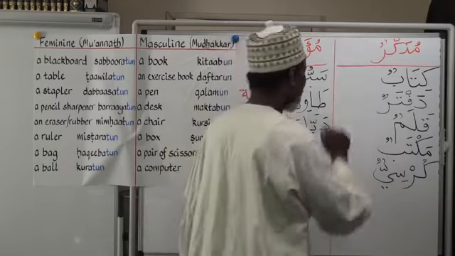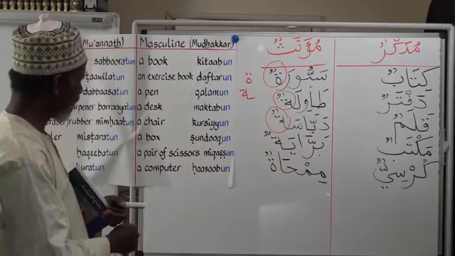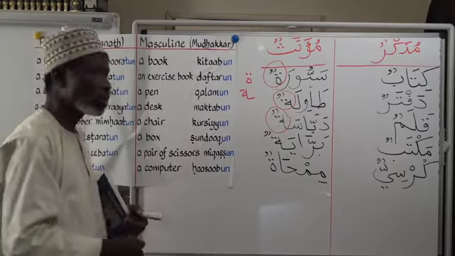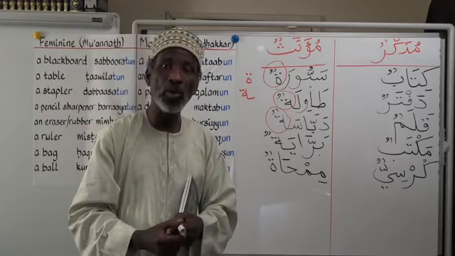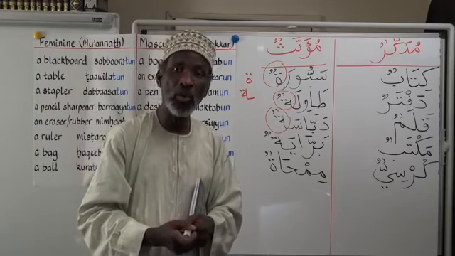Next on the mudhakkar section, after the kursi, is a box. Sundukun.